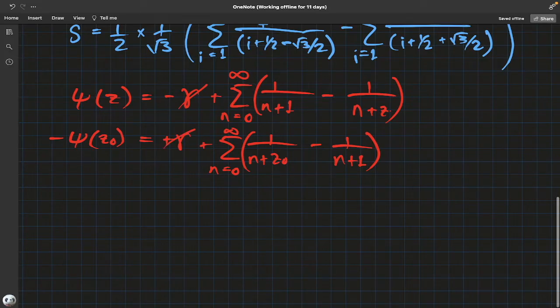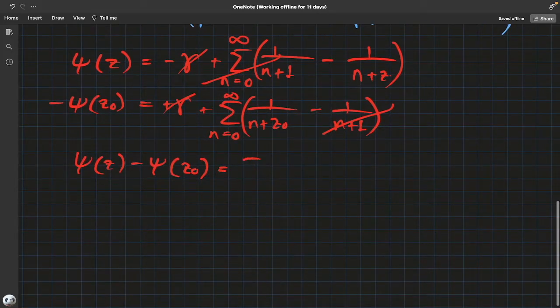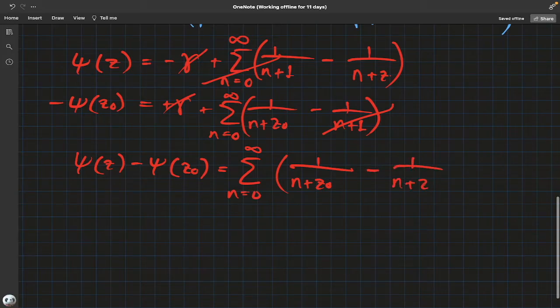Anything that only depended on n will go away. So all we have left, digamma of z minus digamma of z naught, is just the sum from n equals 0 to infinity of 1 over n plus z naught minus 1 over n plus z.